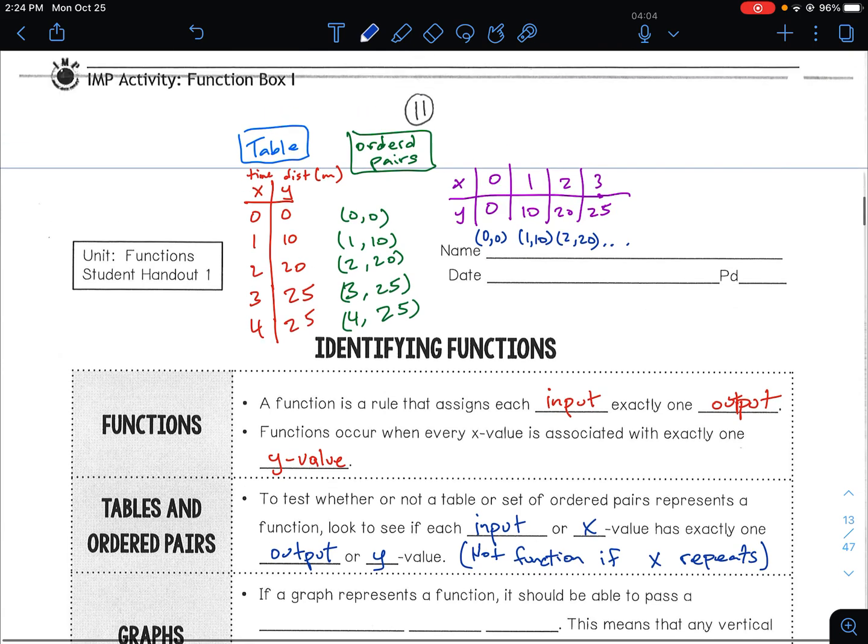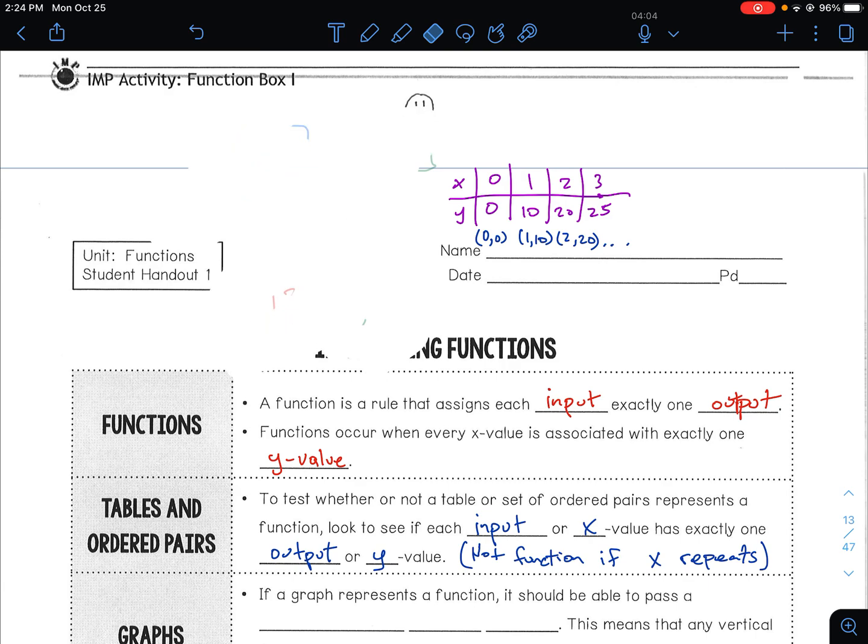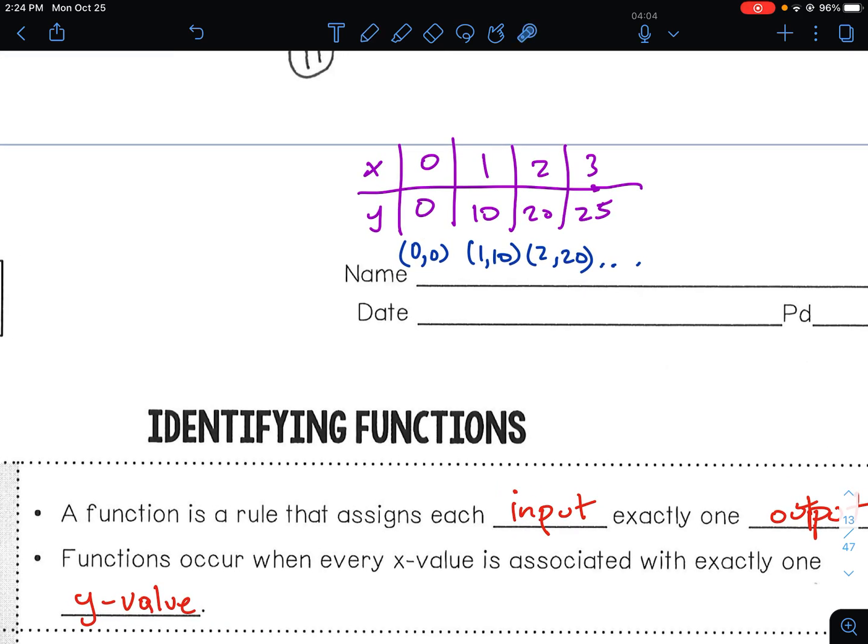Now, you may have learned, from looking at different graphs and word problems related to graphs, how to check whether a graph is a function or not. With a table, it's a little bit tricky.